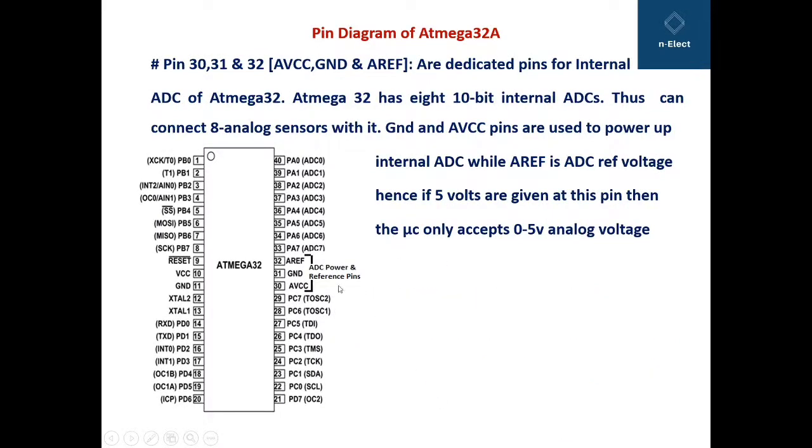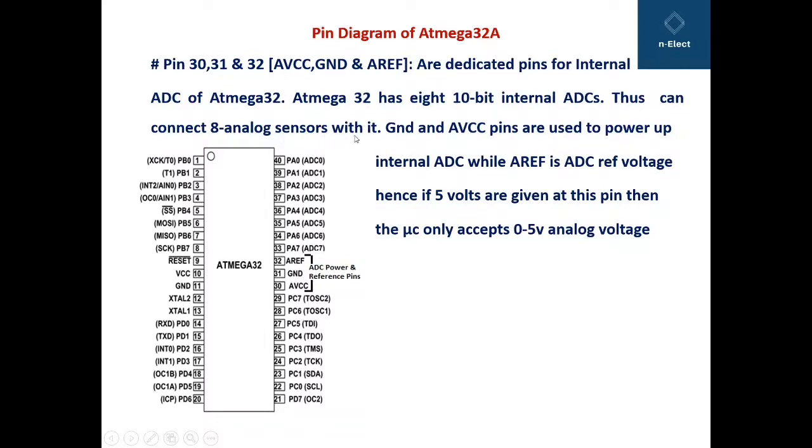Next are pin numbers 30, 31 and 32, that is AVCC, GND and AREF, which are dedicated pins for the internal analog to digital converters of the ATmega32. The ATmega32 has 8 10-bit internal analog to digital converters, thus it can connect 8 analog sensors.